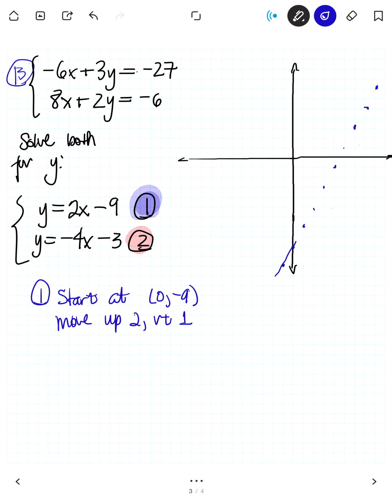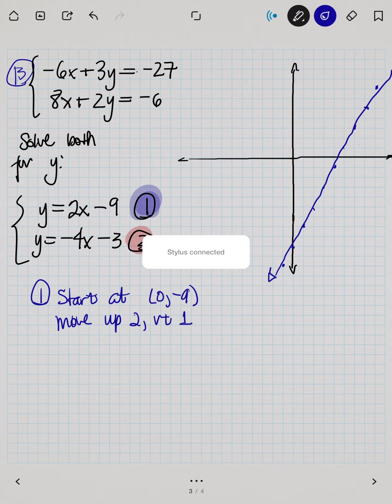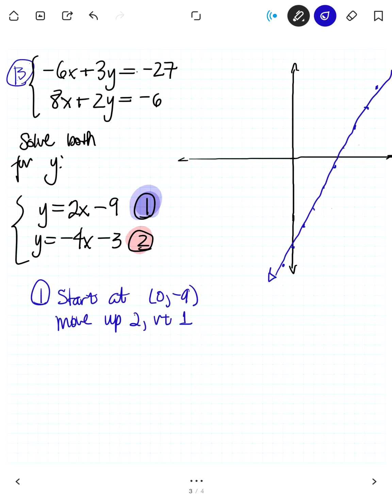And here's my first line. Okay, my second line is the minus 4x minus 3.